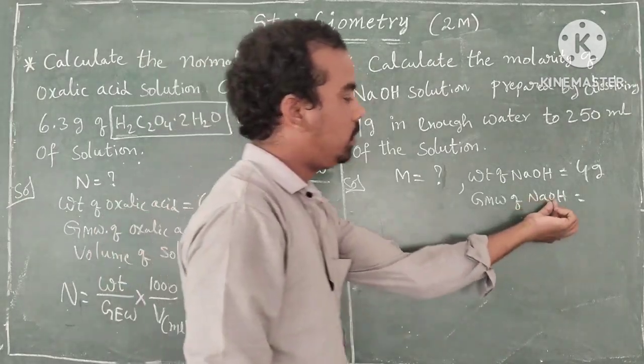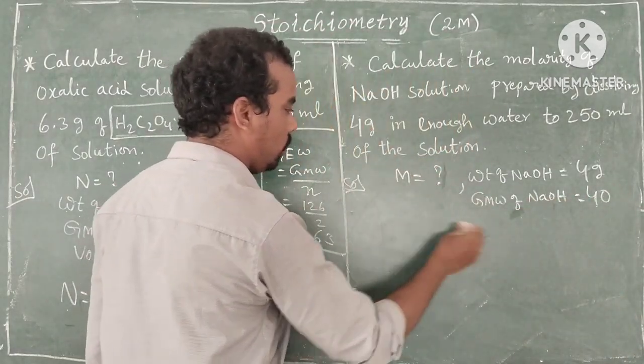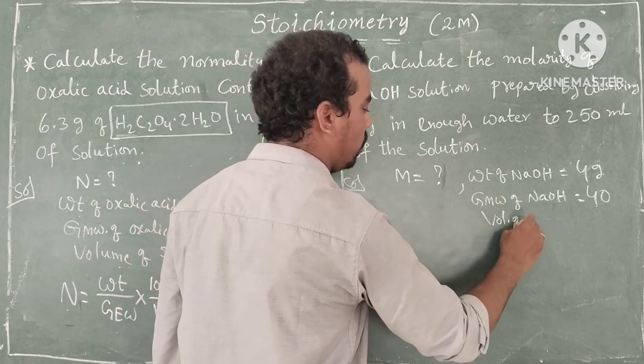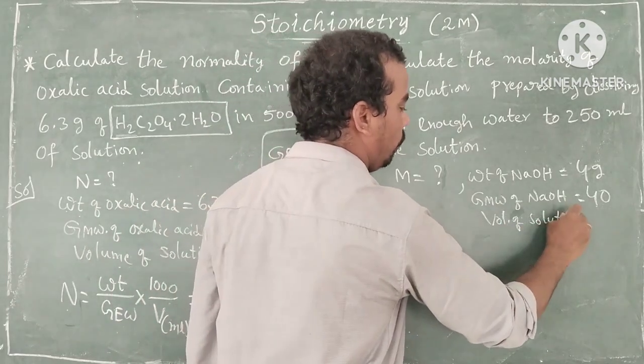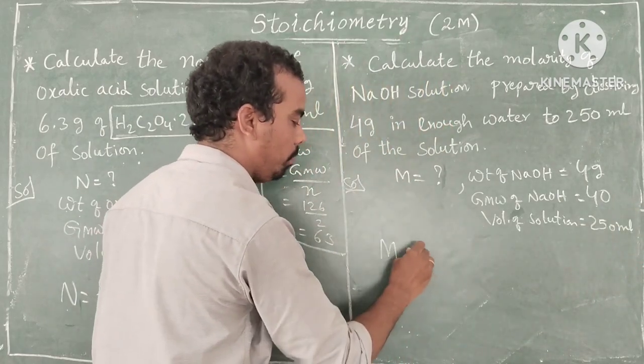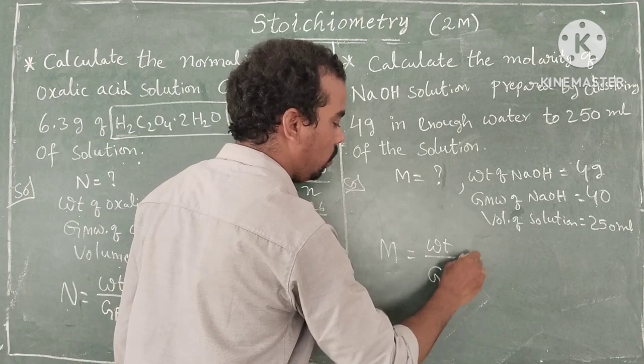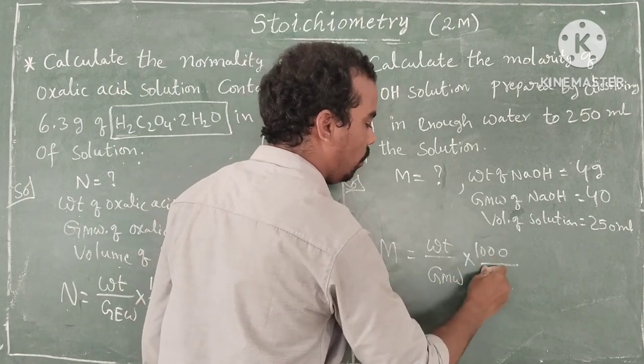Sodium 23, oxygen 16, hydrogen 1. So total 40. Next, the volume of solution is 250 ml. Molarity M is equal to weight by gram molecular weight into 1000 by volume of solution in milliliters.